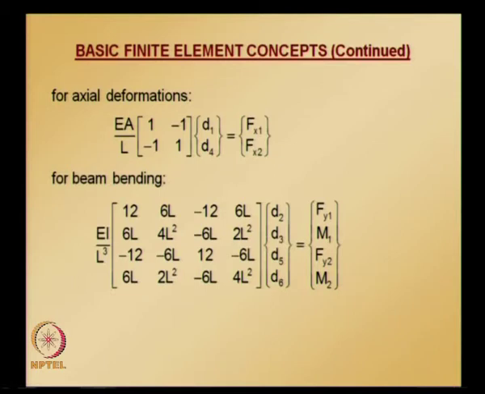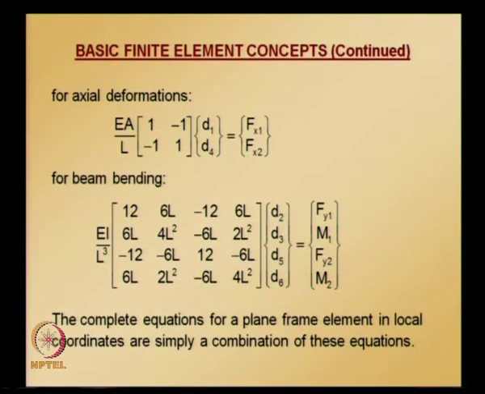We need to appropriately place the contributions from each of these 2 things, axial deformation and beam bending, to get the complete element equation for the frame element in the local coordinate system, and that is what is shown here.